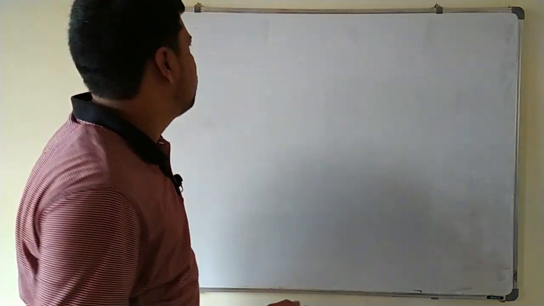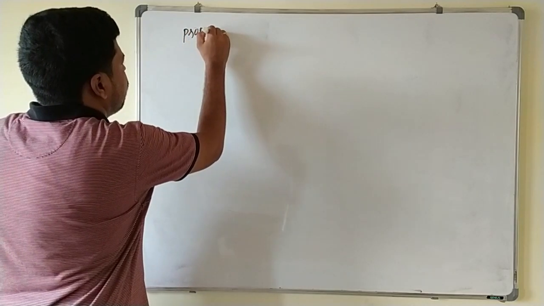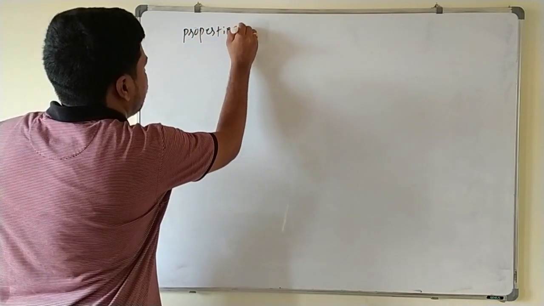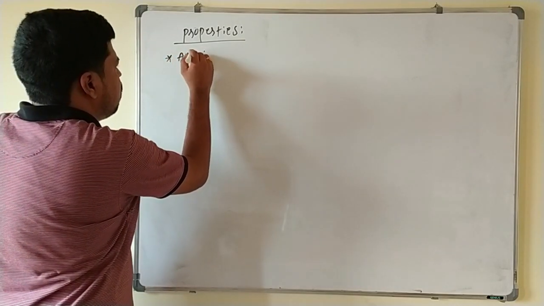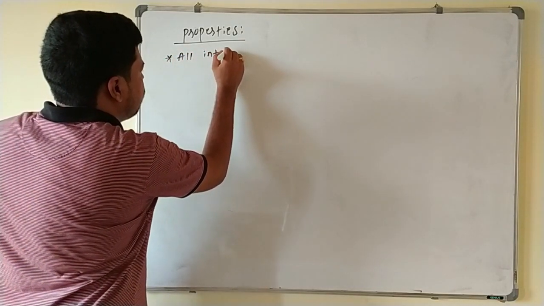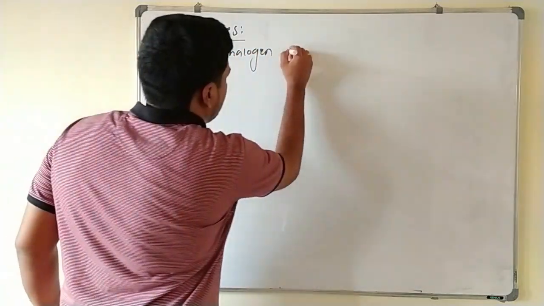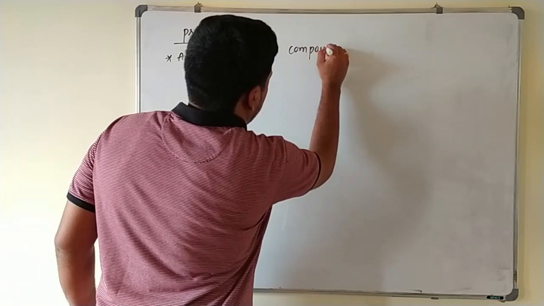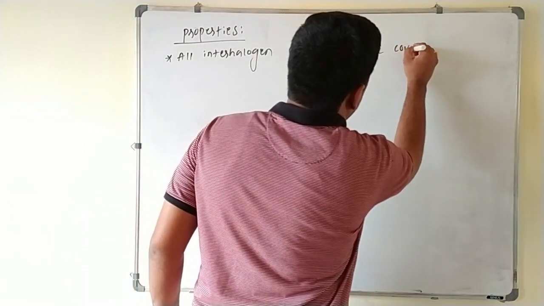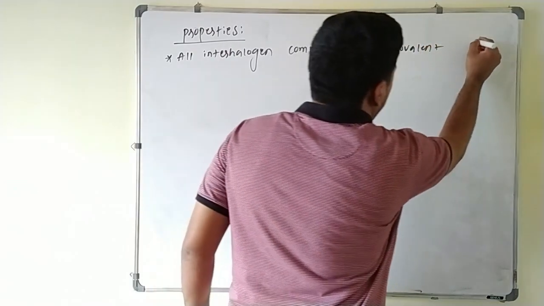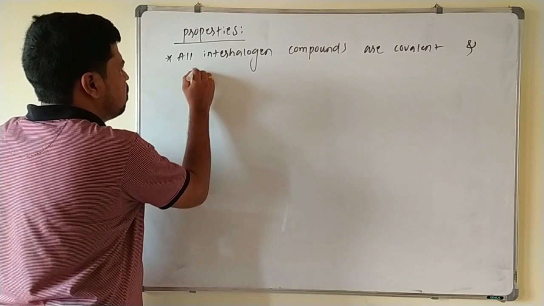Now the properties of interhalogen compounds. All interhalogen compounds are covalent and diamagnetic in nature, because they do not have any unpaired electron.